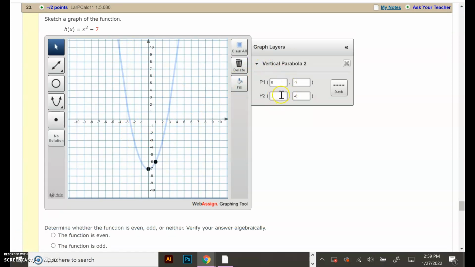And notice, let me just say this. See how the points popped up over here? Let's just say, oh, you made a mistake, and no, it's not really 1, negative 6. What if it's 1 something else? So you could change it if you want to once those points pop up on the right. See that? You could change it to whatever you want to change it to. Any of these points to whatever you want.